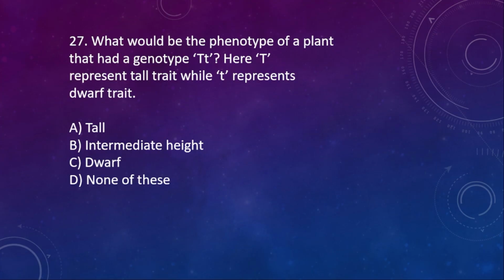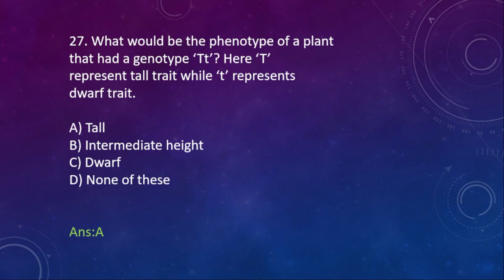So here, the phenotype of the plant that had the genotype capital T small t. That shows tallness. In genetics, a phenotype is the physical expression, the observable trait of the organism, while the genotype is the genetic makeup, the pair of alleles.